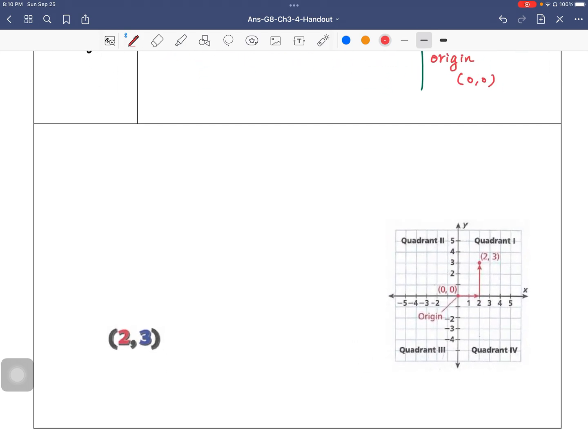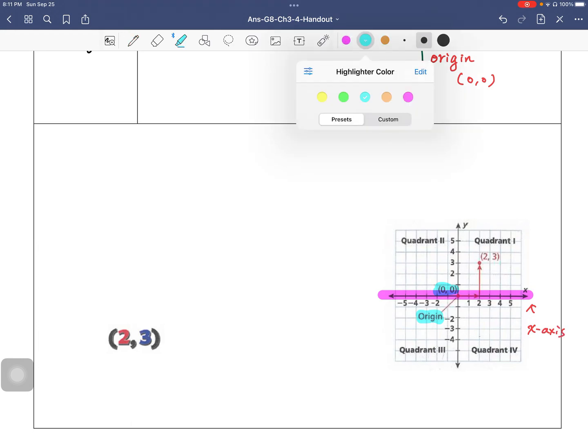So here is a coordinate plane. Inside the coordinate plane, this is my origin, 0, 0. Then I have quadrant 1, quadrant 2, quadrant 3, and quadrant 4. This is the x-axis. This is the y-axis.